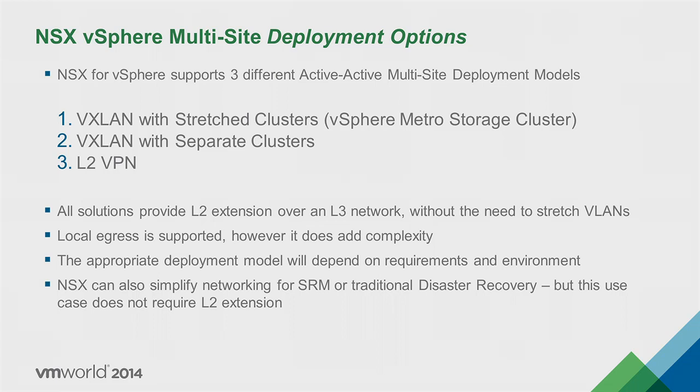By local egress, I mean traffic that exits the data center without going over the data center interconnect. But it does add complexity, and I'll talk about this more in the next slide. Another point I want to make is that the appropriate deployment model is going to depend on your environment and your requirements. It's not a case that there's a one-size-fits-all solution.